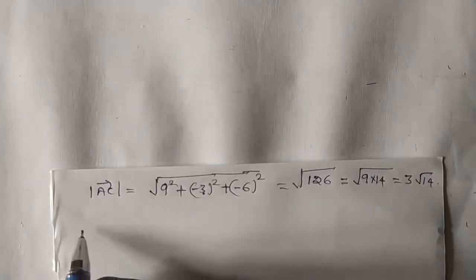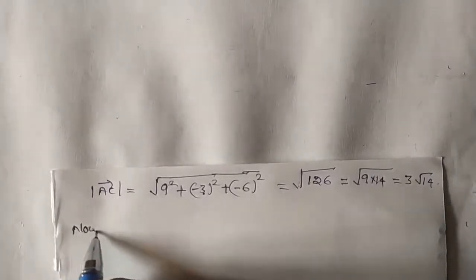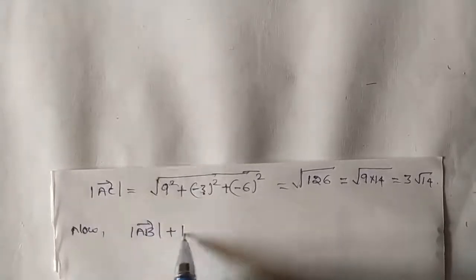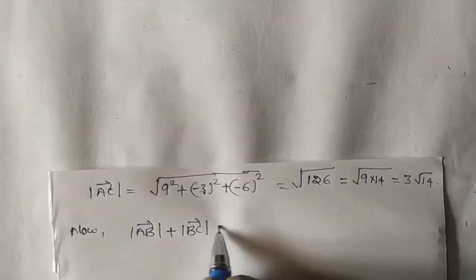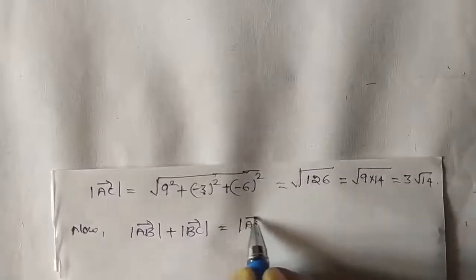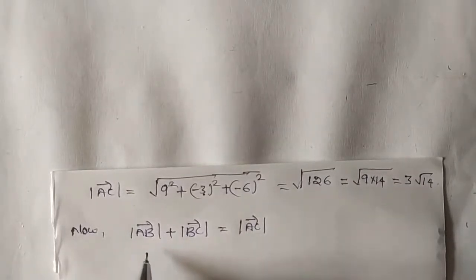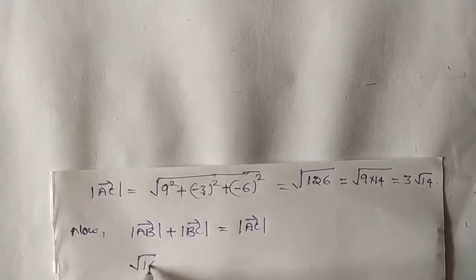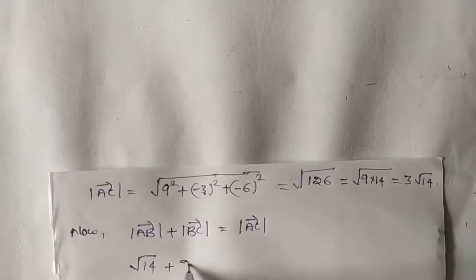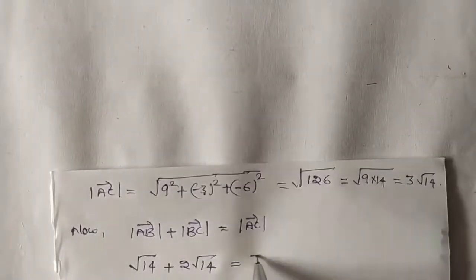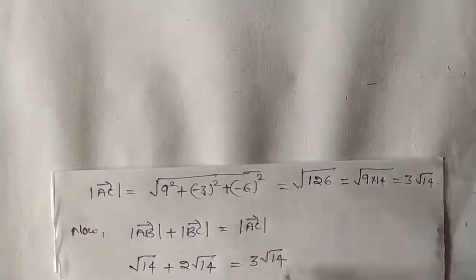Now verify the condition. Magnitude of AB plus magnitude of BC must be equal to magnitude of AC vector. So magnitude of AB is root 14, plus magnitude of BC is 2 root 14. That is equal to magnitude of AC, which is 3 into root 14.